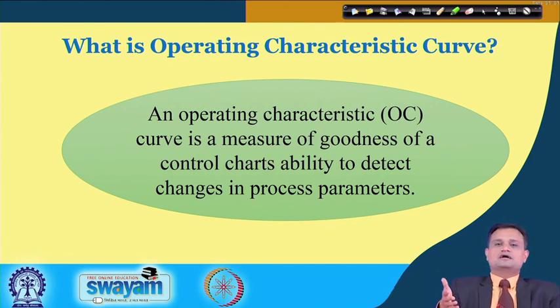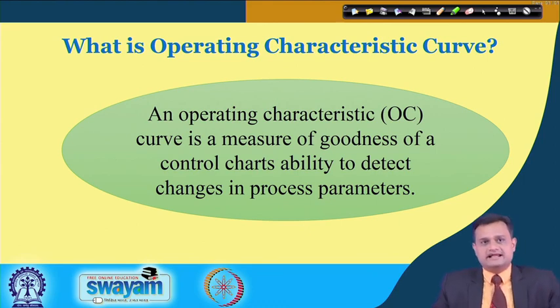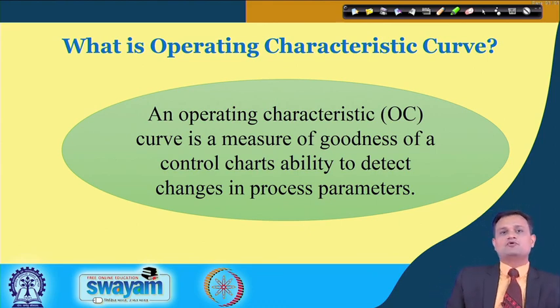So now we need to have a tool which has the power, typically called discriminatory power, really to separate out good and bad. So operating characteristic curve is a measure of goodness, how good my control chart is about the detection of change in the process parameter.